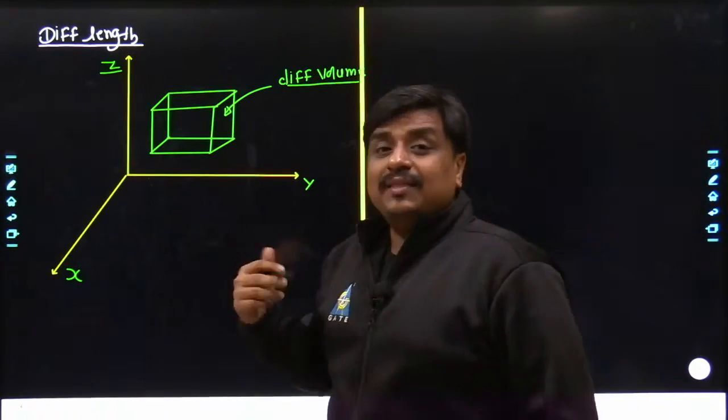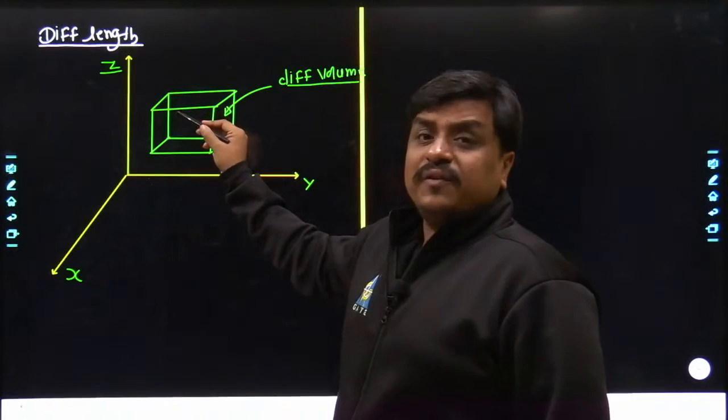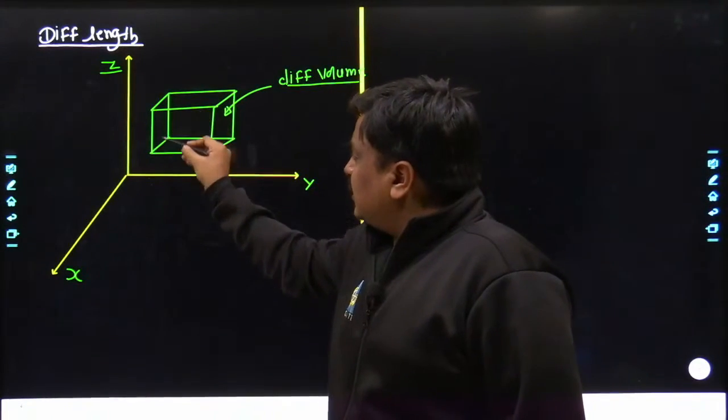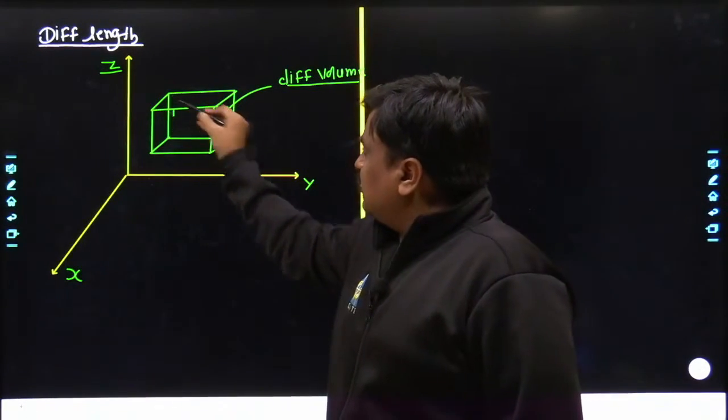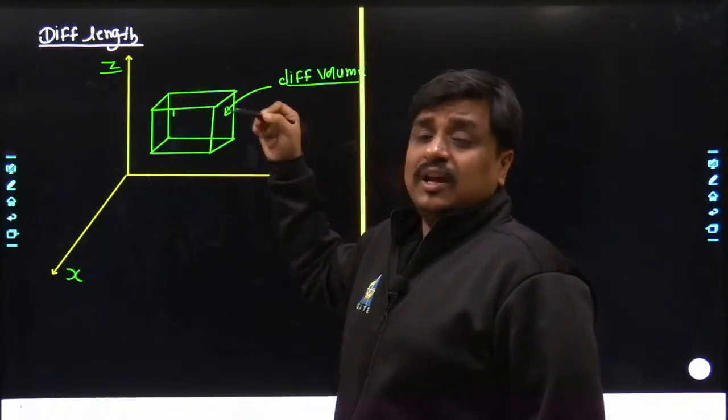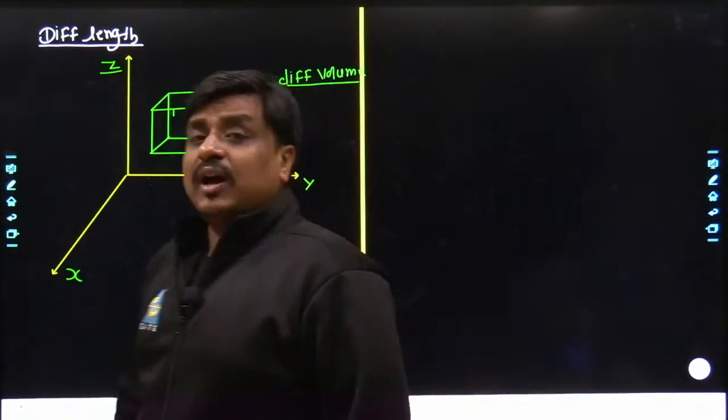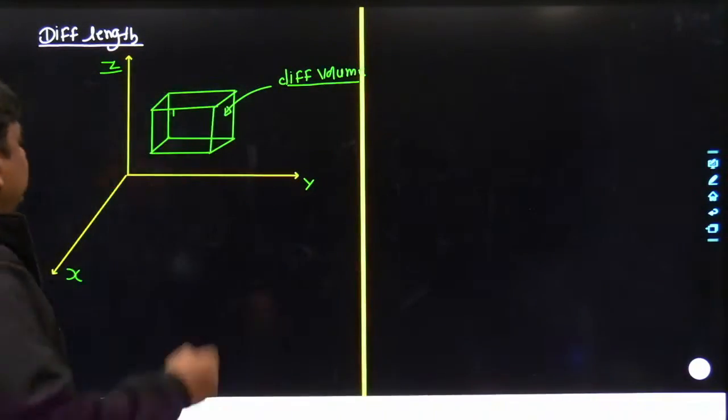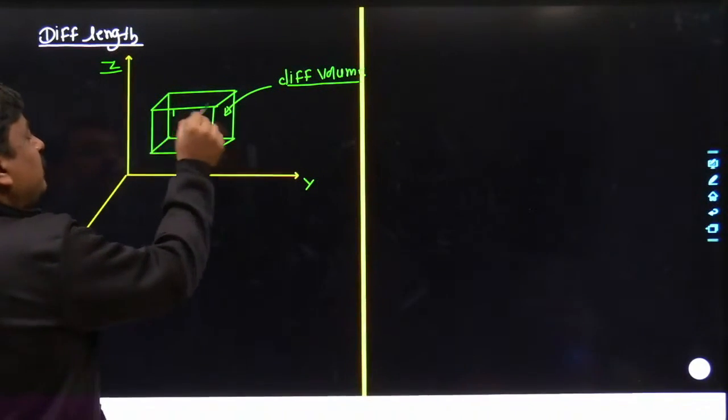Similarly, the four differential lengths in the direction of z, and similarly the four differential lengths in the direction of y, that is nothing but dy, dy, dy, and dy.